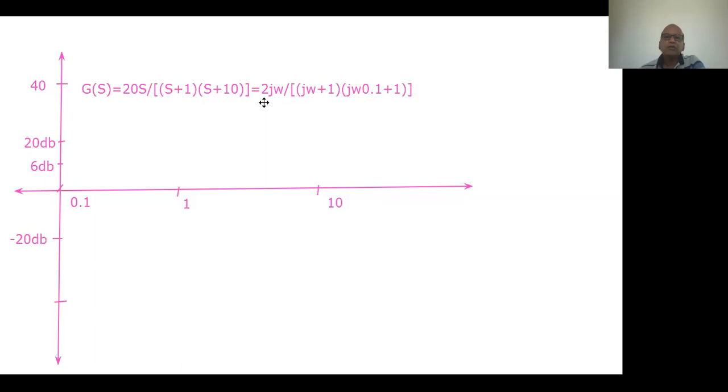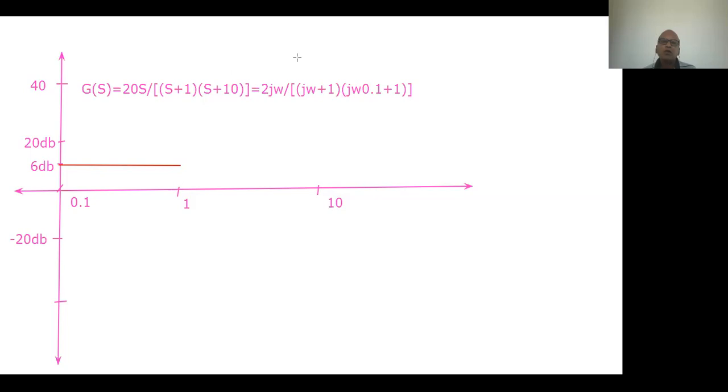If you consider this 2 times j omega, the magnitude of 2 is equal to 6 dB. The straight line 2 times j omega means a straight line with a slope equal to plus 20 dB per decade.